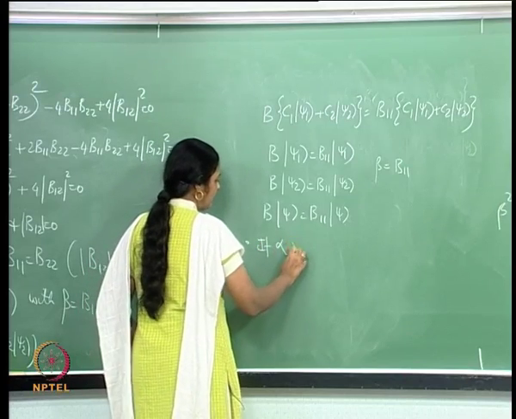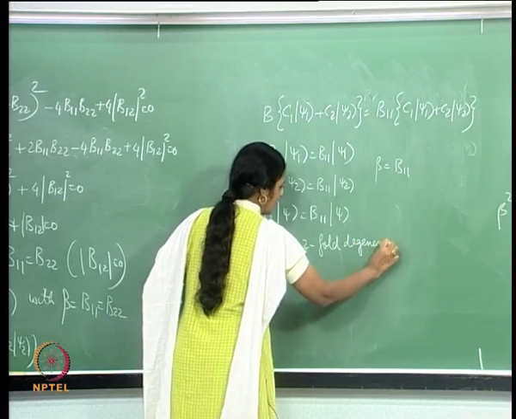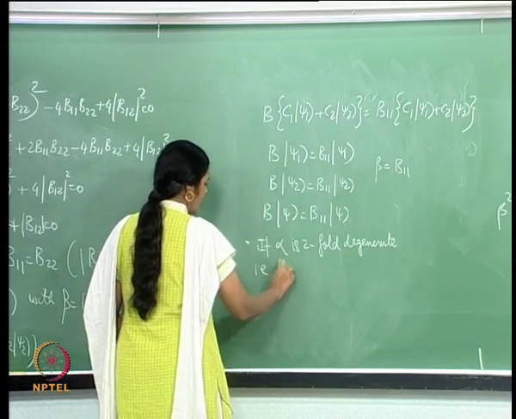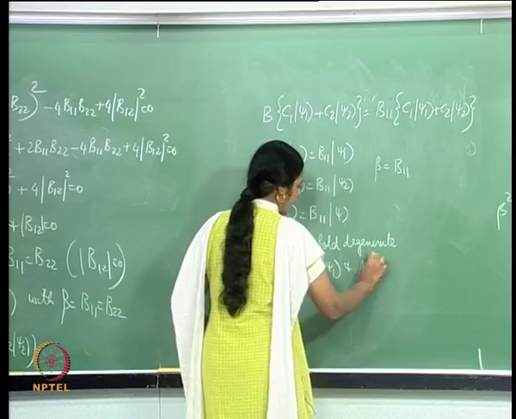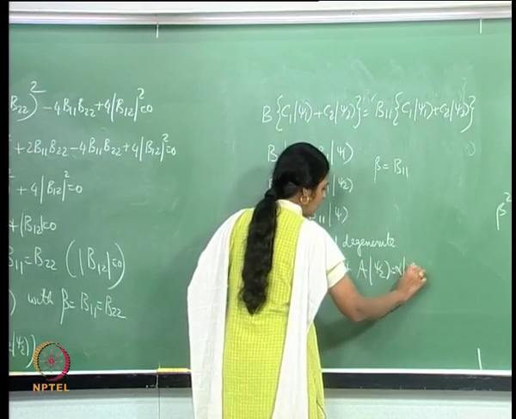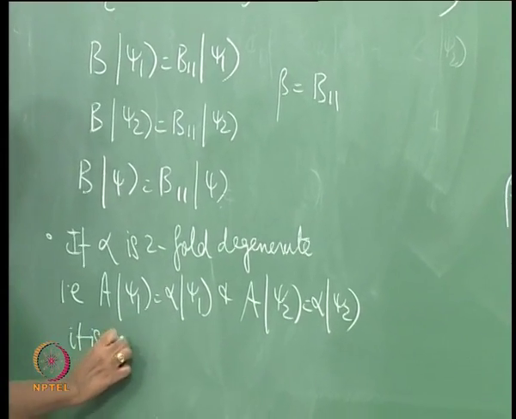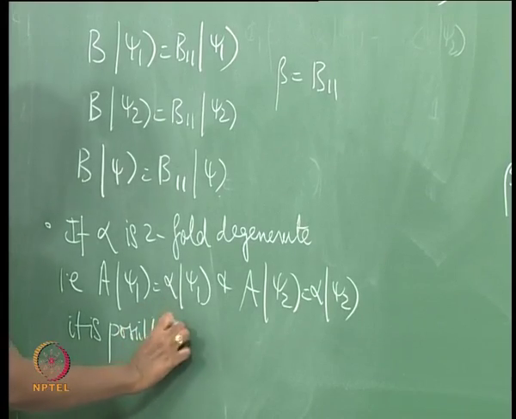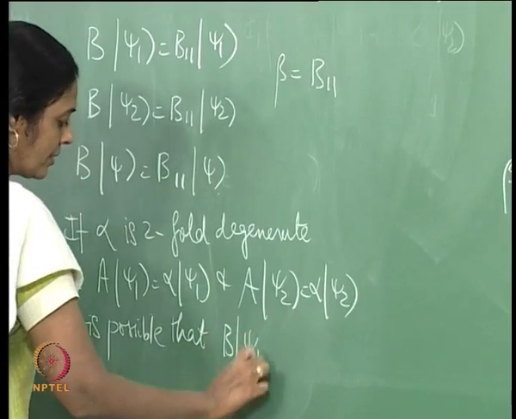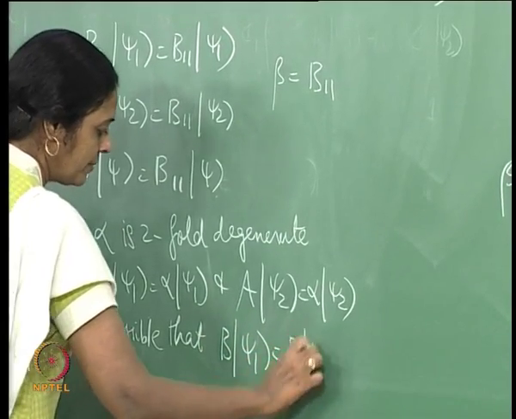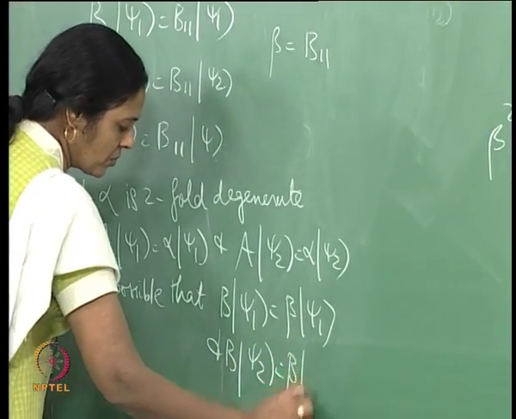If alpha is twofold degenerate, that is A psi 1 is alpha psi 1 and A psi 2 is alpha psi 2, it is possible that B psi 1 is beta psi 1 and B psi 2 is beta psi 2.